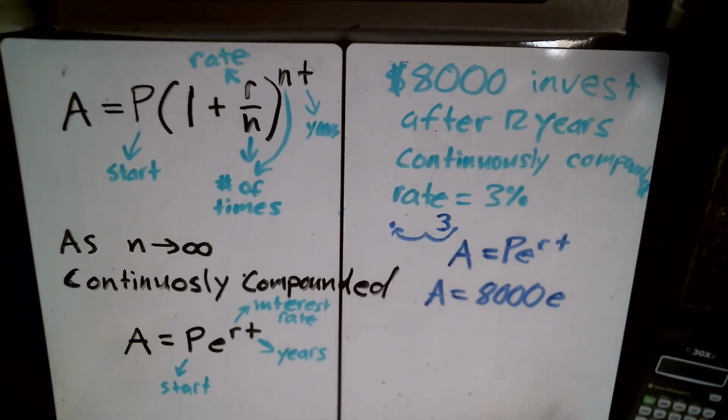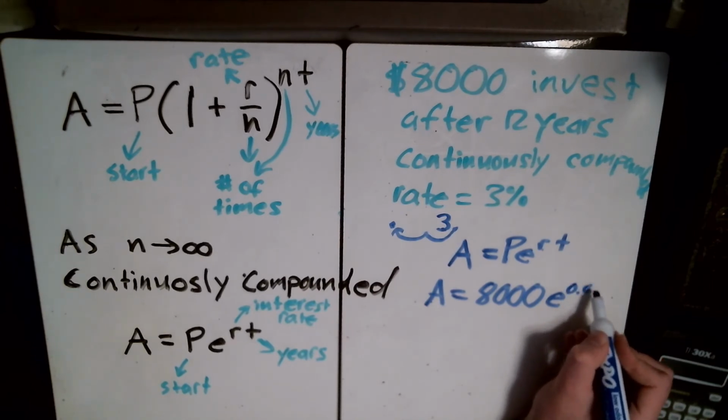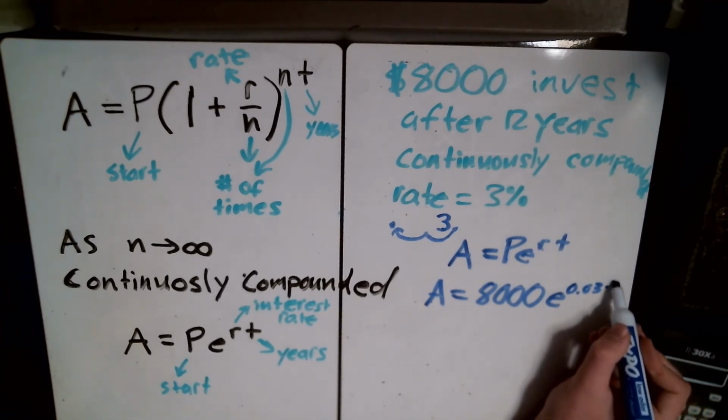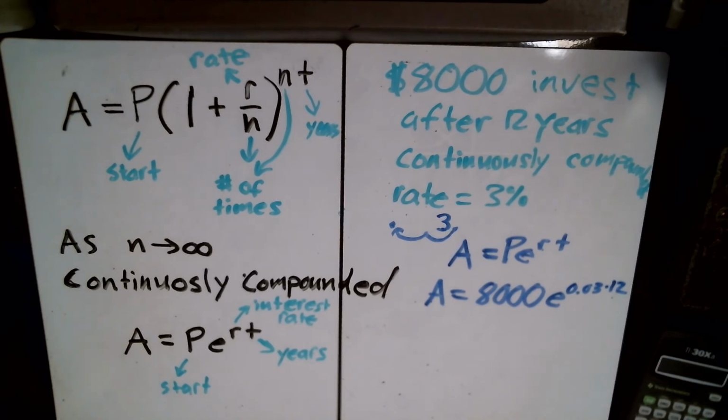So 0.03 would be the interest rate as a decimal, and then times 12 up there because we're doing 12 years. We plug those things into our formula, and this expression is going to give us how much money we have.